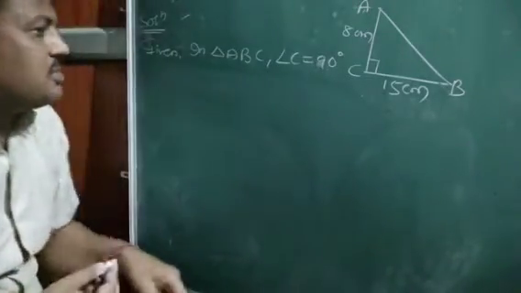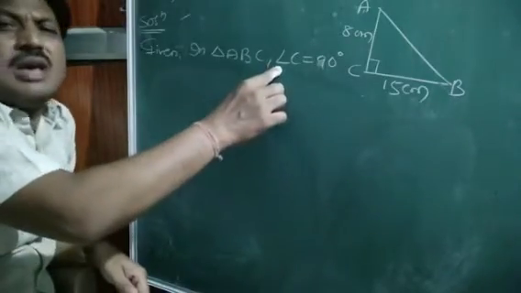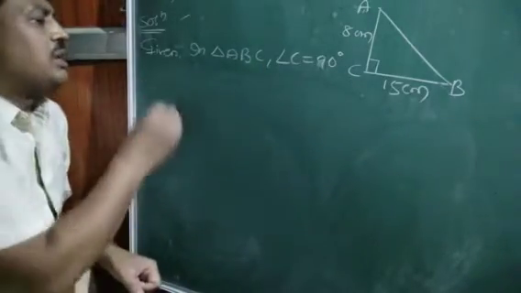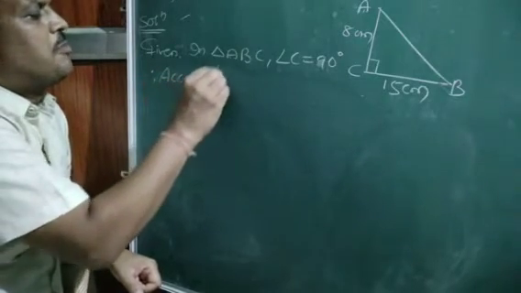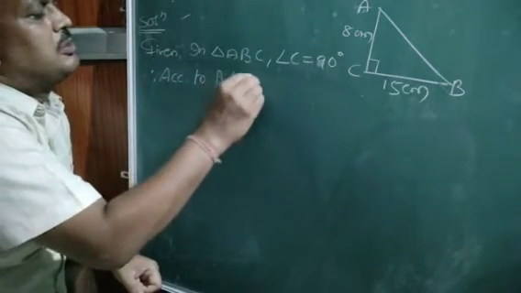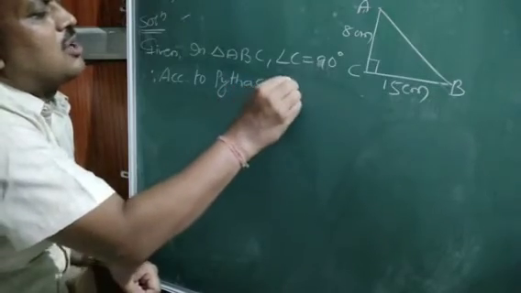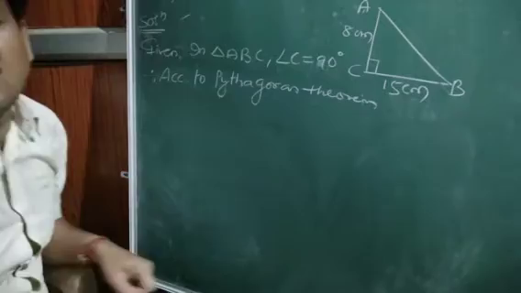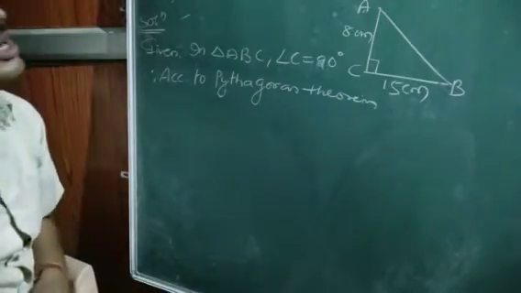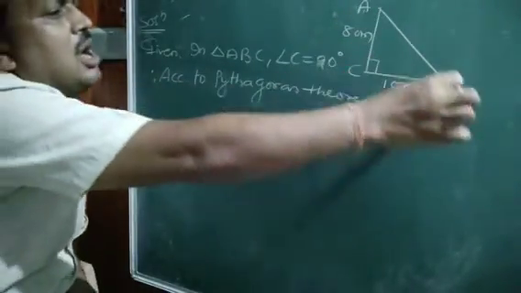After that, same process, children. In triangle ABC, angle C is equal to 90 degrees. Therefore, according to Pythagoras theorem, children, what is according to Pythagoras theorem?